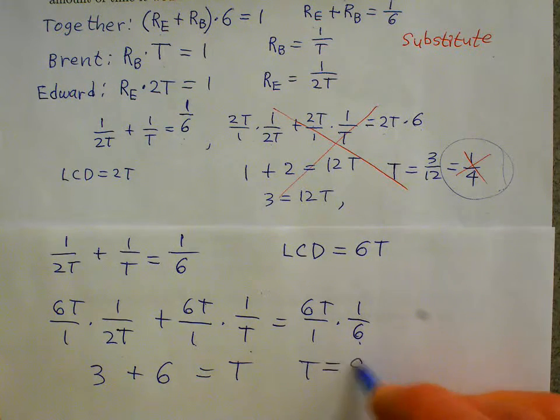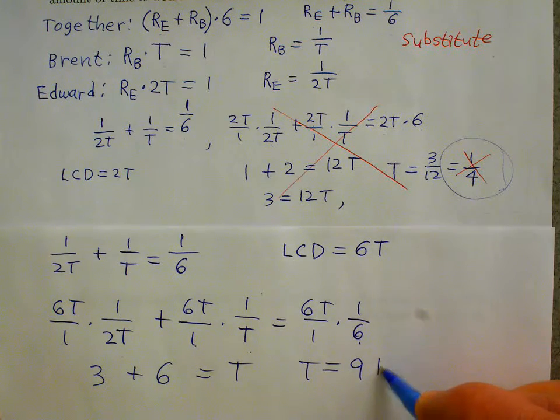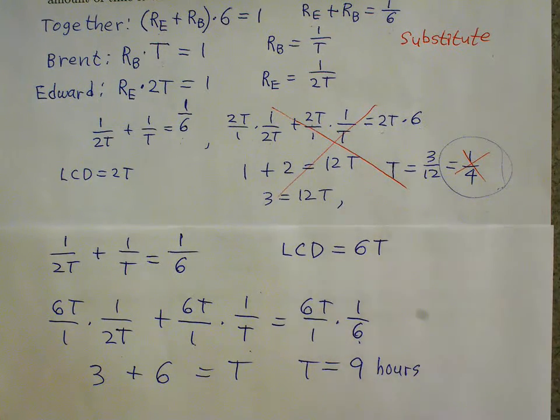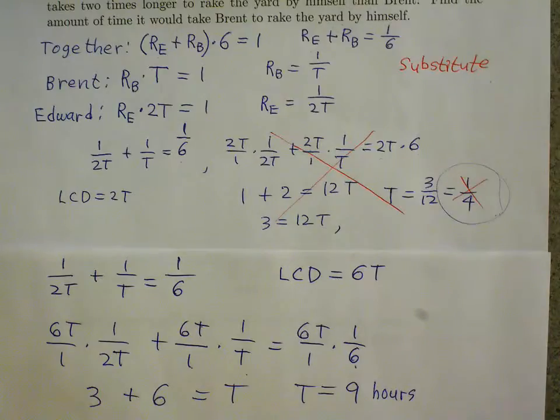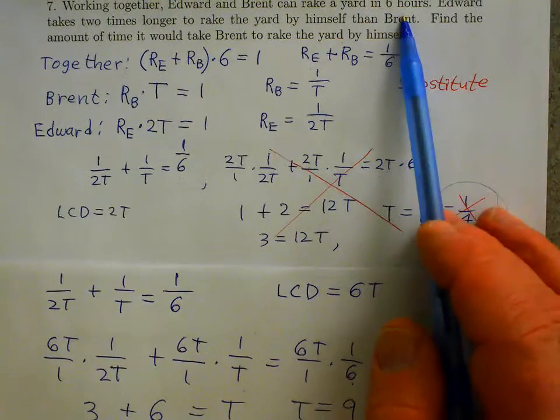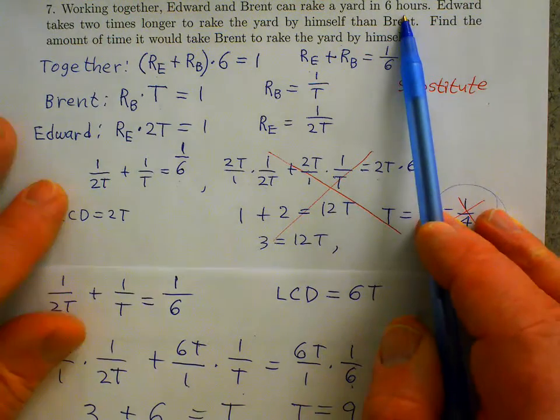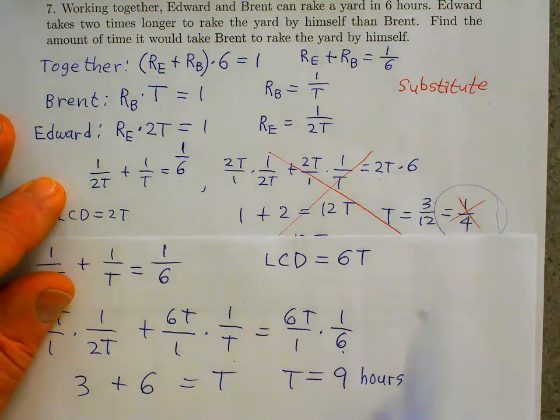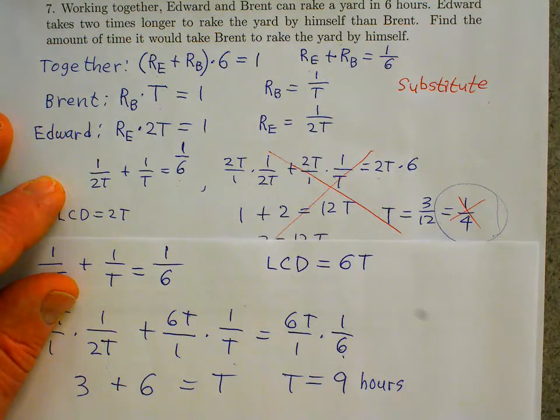So t equals 9. That seems a little more reasonable if it takes them a total of 6 hours working together. Then for one of them to take 9 hours, that's much more reasonable than 15 minutes.